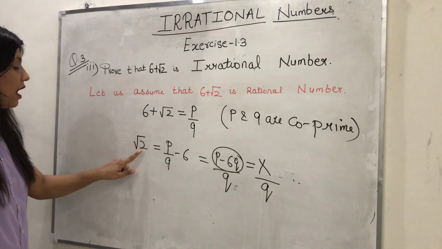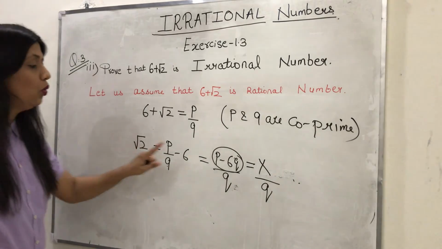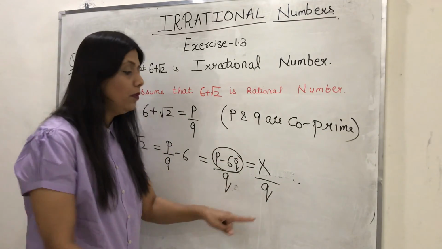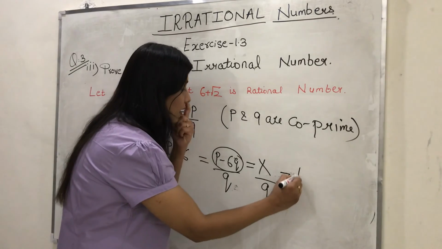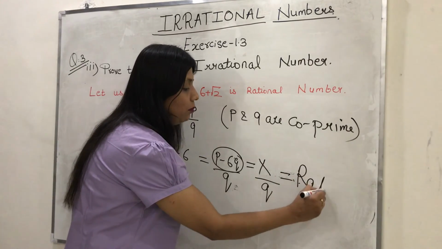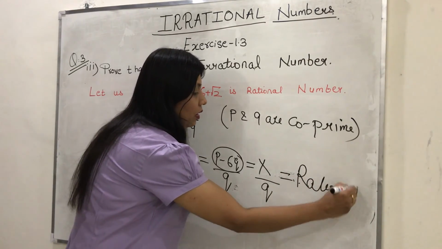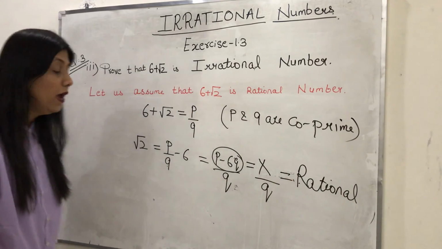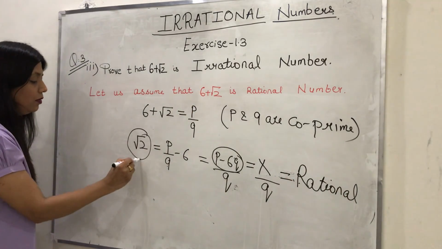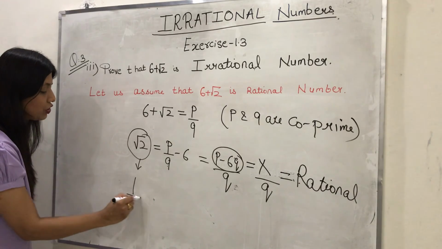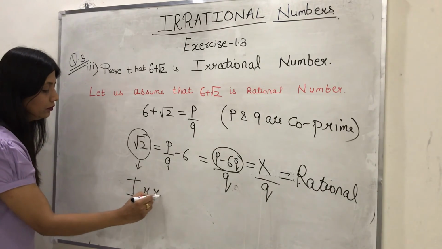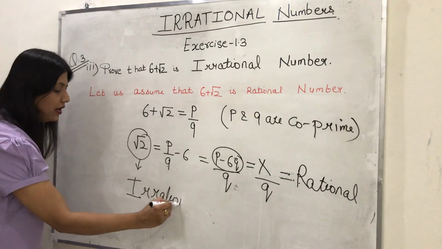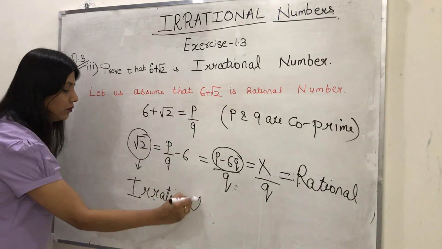So since I can write root 2 in p by q form, it means root 2 is a rational number. But what I already know is root 2 is an irrational number. So this is contradictory, right?